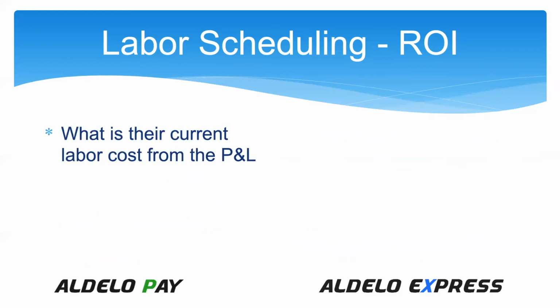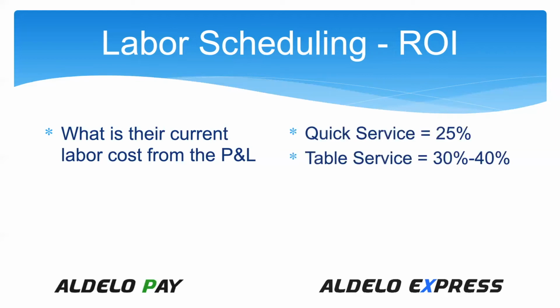So what is their current labor cost from their point of sale, from their P&L? They probably don't know, and they're probably going to guess. Just know that the National Restaurant Association says quick service should be 25%. That's the goal, and table service 30 to 40%.